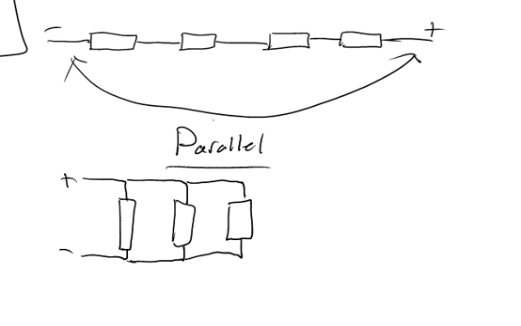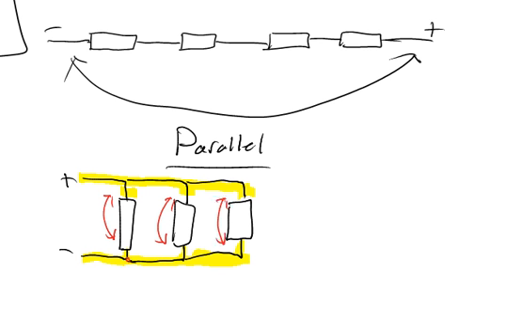You'll know what I mean when I highlight it in a minute. This is all one potential. The wires are all touching each other, and this is all one potential. And since those are all one potential, the potential difference between them is the same for each element.